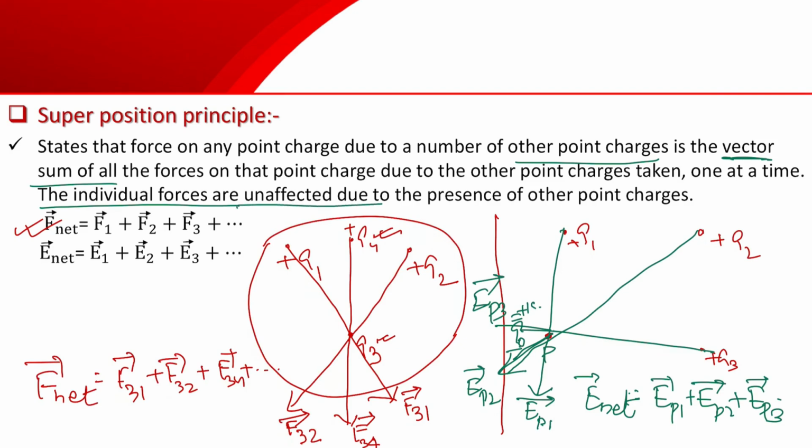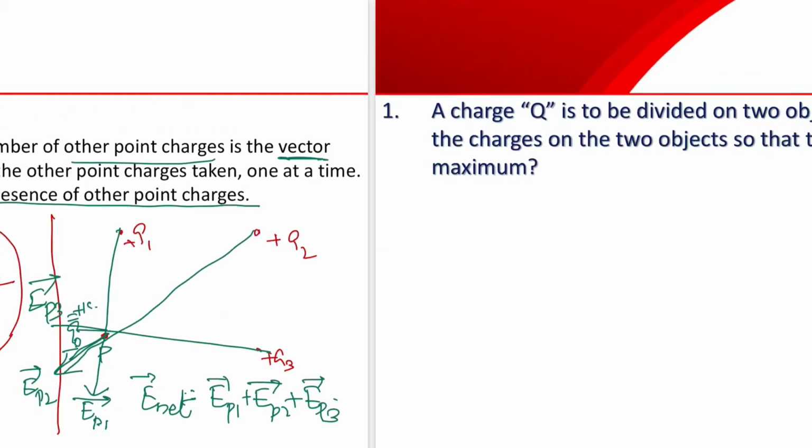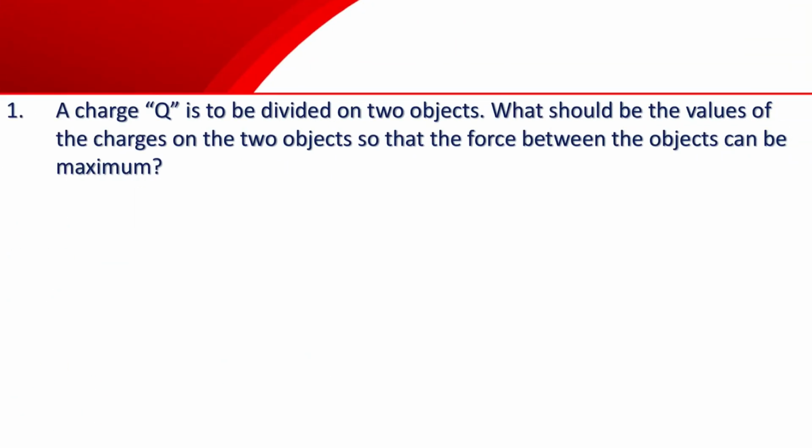And the important thing is that the individual forces are unaffected by the presence of other point charges. Okay. Now let us do the questions based on the concepts we have discussed in part 1, part 2, including this superposition principle.